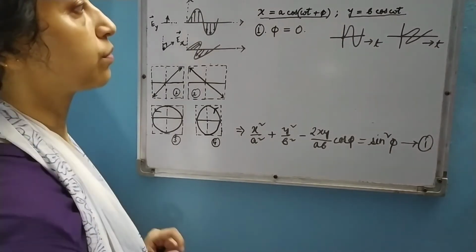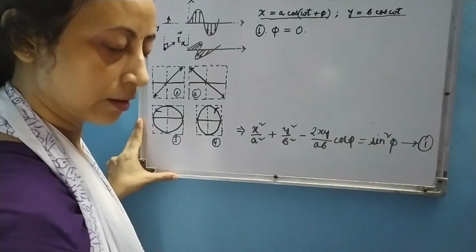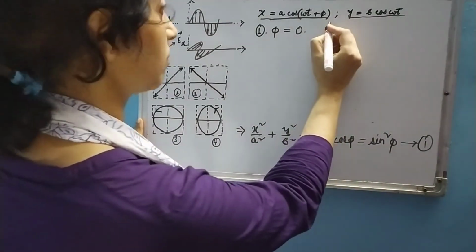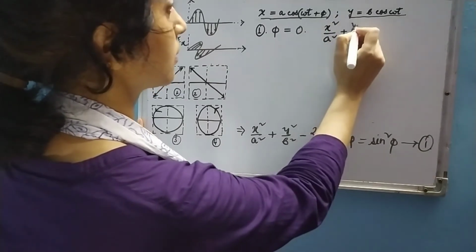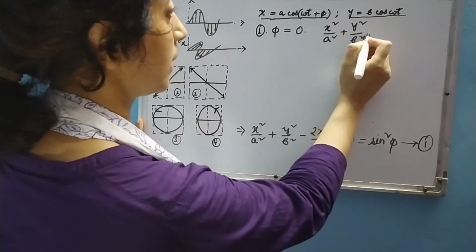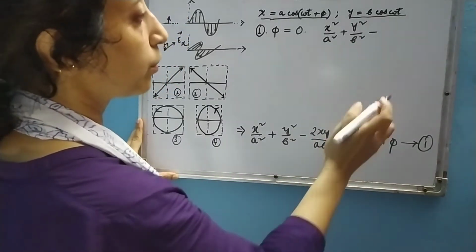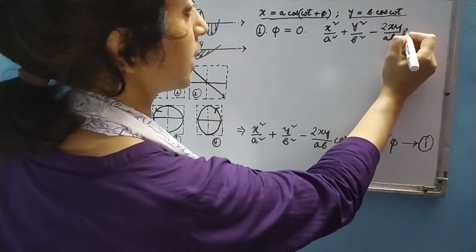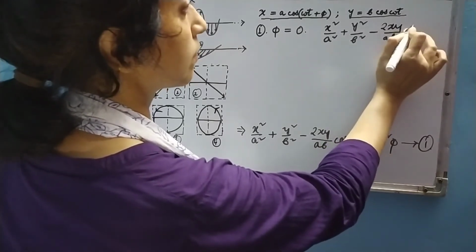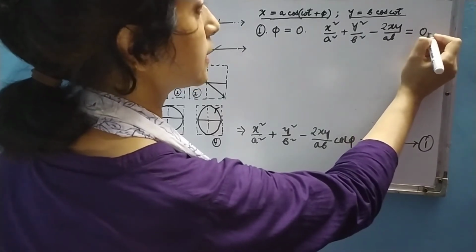Okay, so for phi equals 0, what will equation 1 become? x squared by a squared plus y squared by b squared minus 2xy by ab cos 0 will be 1, so 2xy by ab is equal to sin 0, which is 0.